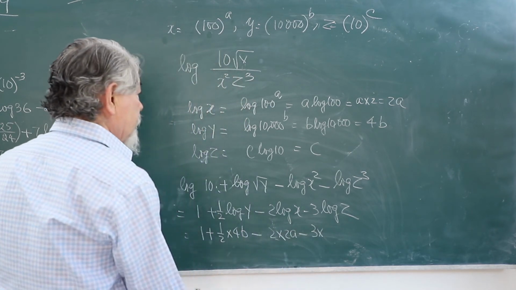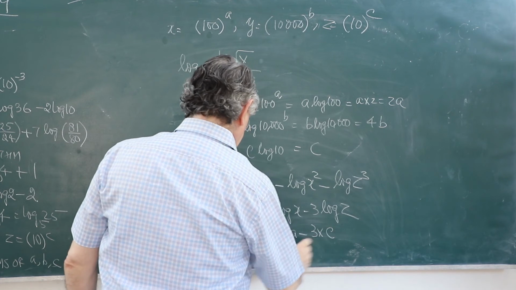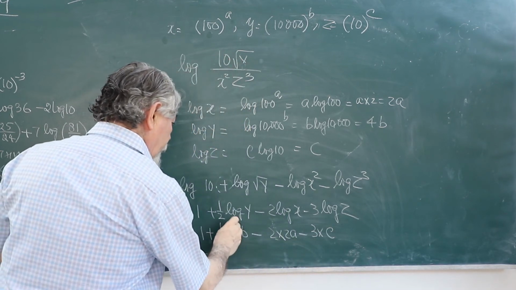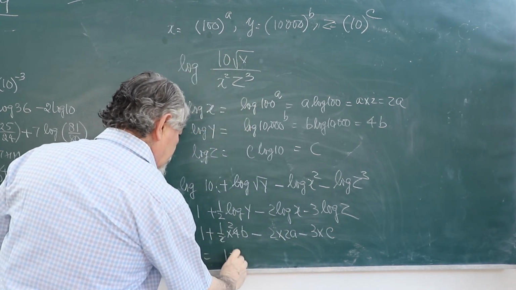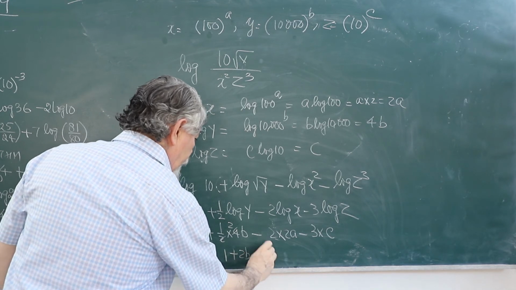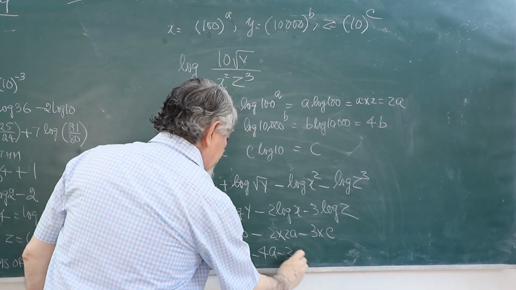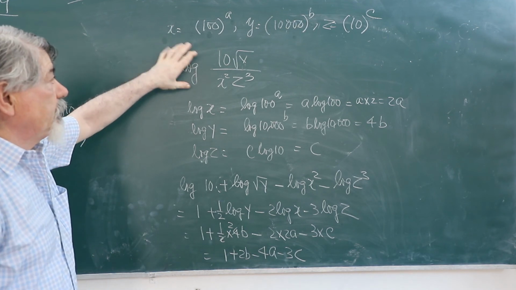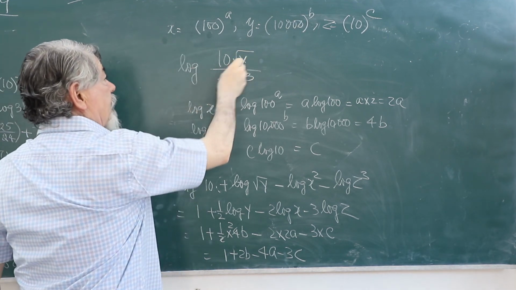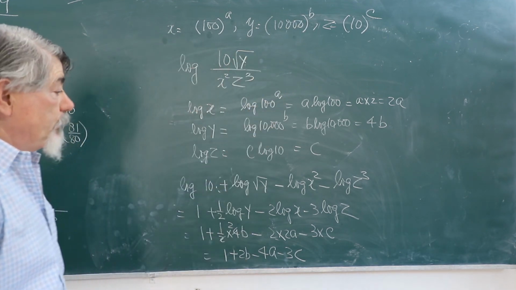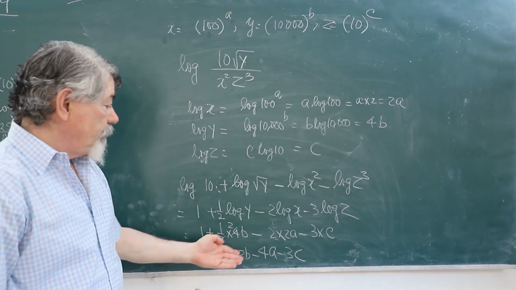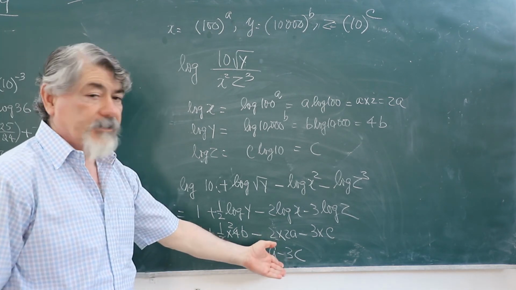Log z is c. So 2 and 2 make 4: 1 plus 2b minus 4a minus 3c. We have expressed log of 10 root y upon x square z cube in terms of a, b and c.